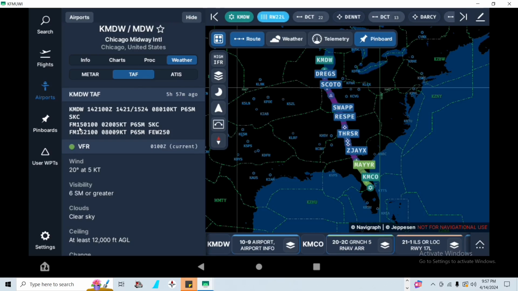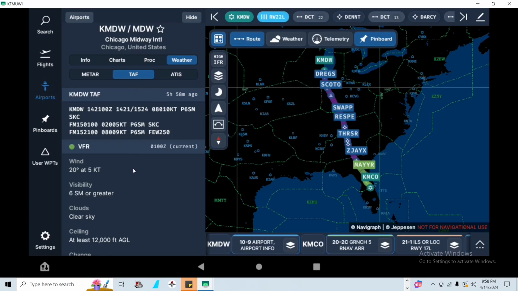So from the 15th at 0100 Zulu, you will have 020 at 5 knots plus 6 statute miles and clear skies again. From the 15th at 2100, you'll have 080 at 9 knots plus 6 statute miles, and you have few clouds at 25,000 feet.